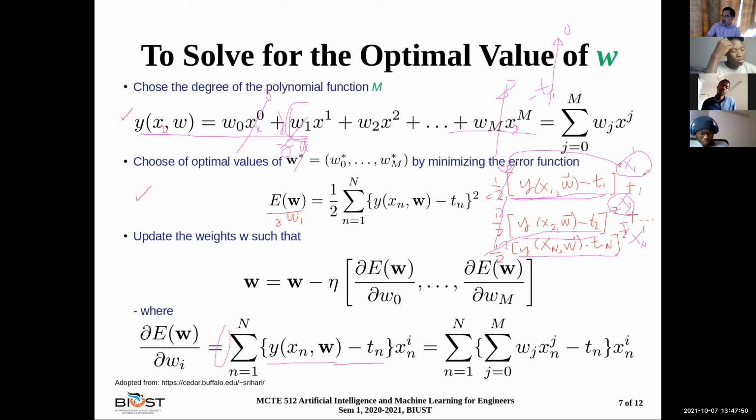Because we are looking at x1, x2 up to xn, this goes up to the last data point, where n goes from 1 to big N. So when you rewrite the whole thing, it is the summation where each term, y of xn and w minus tn, is multiplied by the corresponding xn to the power of xi, where xi is the coefficient of w and the order of x1.